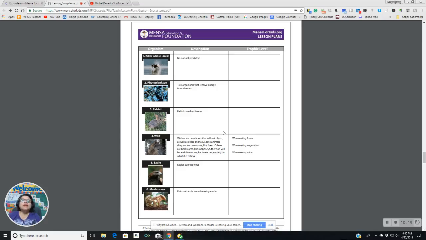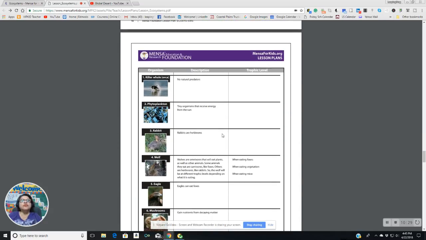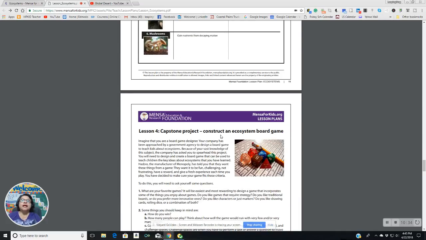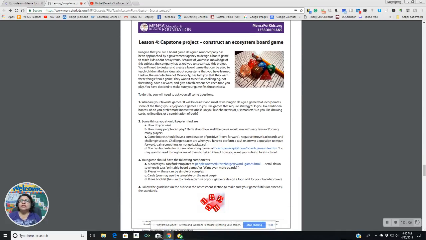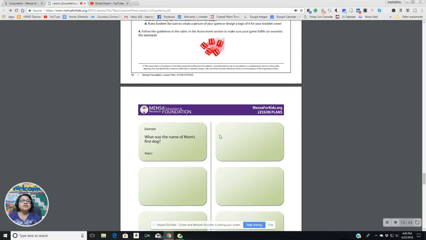So this chart was a very useful chart for them, but they did have to refer to this diagram. And even for the younger ones, you can do it step by step. Okay, I did not use lesson 4, which involved an ecosystem board game, but it really looks like a lot of fun. I did not have time for this.